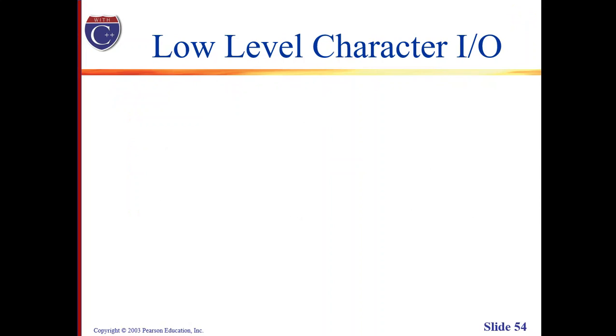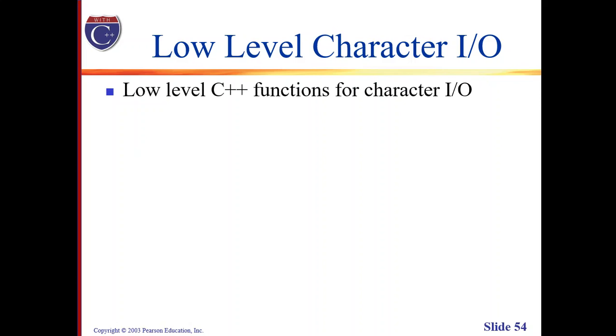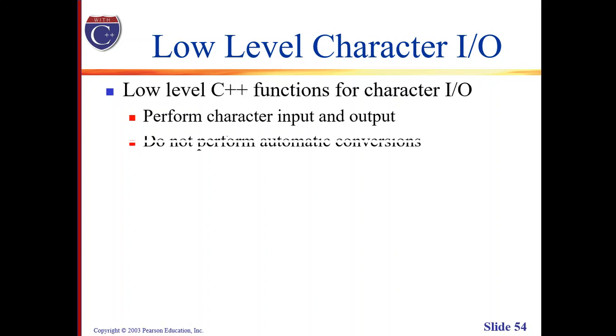Now let's talk about low-level character I/O in C++. Low-level C++ functions for character I/O allow us to perform character input and output. As mentioned a while ago, our input and output are actually read as a character or group of characters.